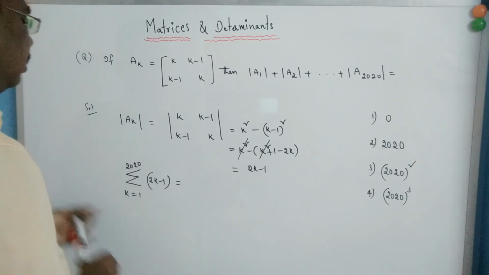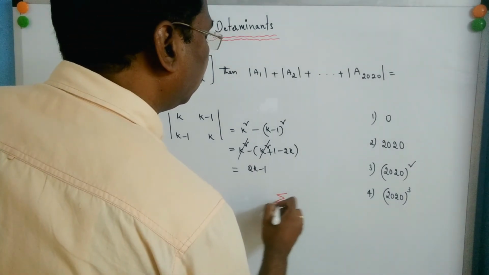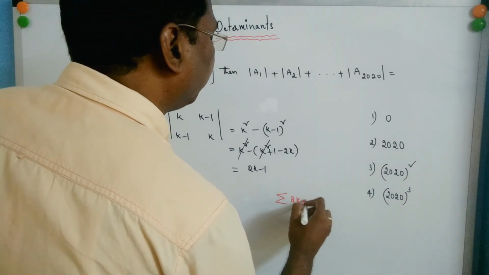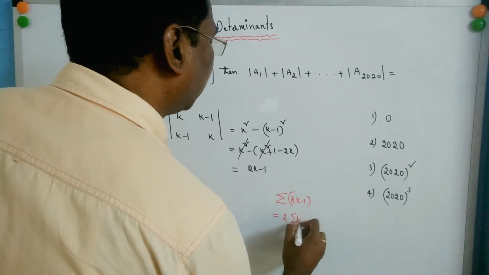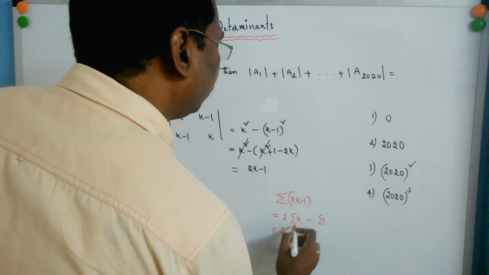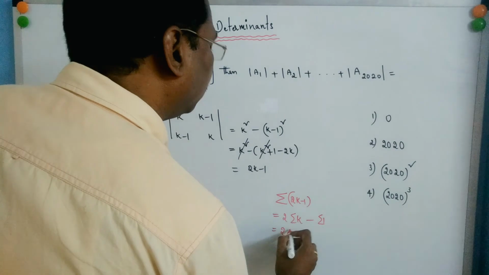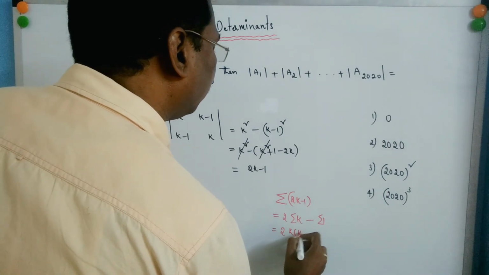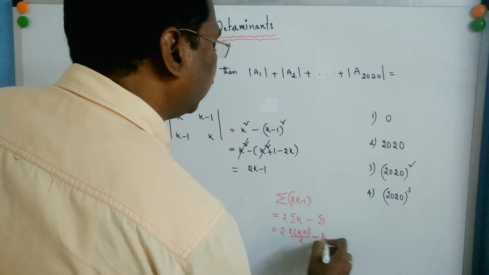Sigma 2K minus 1 is equal to 2 into sigma K minus sigma 1. Okay, now 2 into sigma n, sigma n means n into n plus 1 by 2, minus sigma 1.